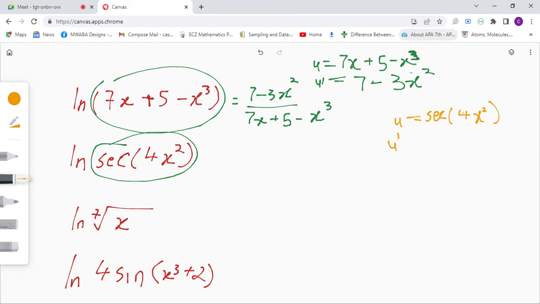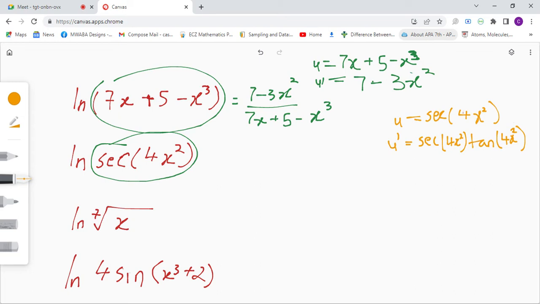The derivative of secant is secant tan. So we have secant 4x squared tan 4x squared.